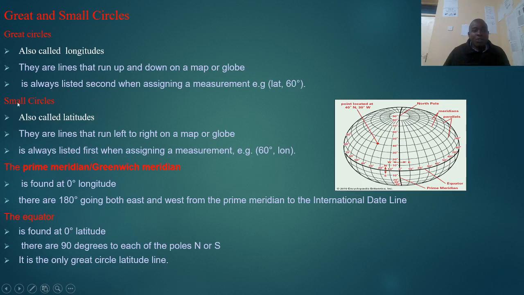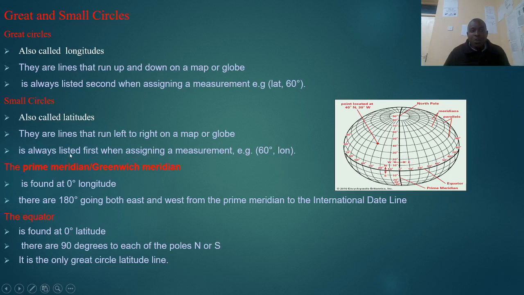And then when we talk about small circles, they are also called latitudes. They are lines that run left to right on a map or a globe. These lines that run across to the left or to the right of a globe, they are the ones we call the small circles or latitudes.